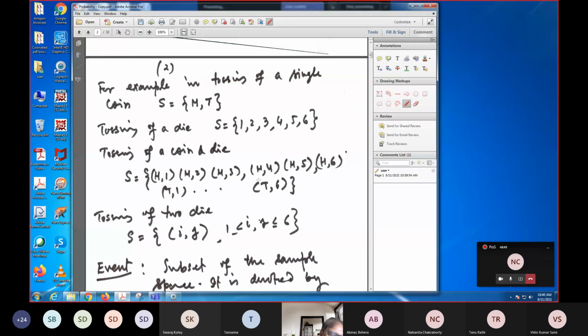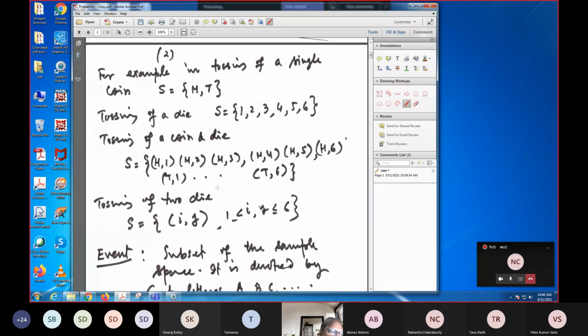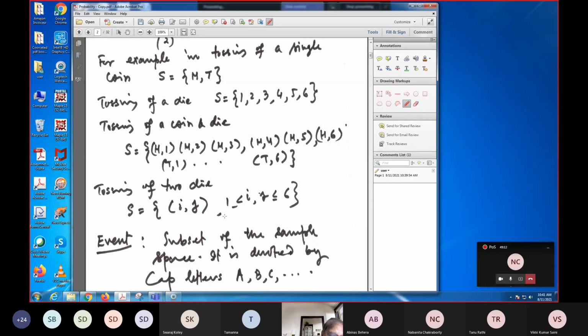When you toss 2 dice, you will get 36. One die has 6 possible outcomes, another has 6, so 6 into 6 is 36. We usually write 1,1, 1,2, 1,3, 1,4, 1,5, 1,6, and lastly 6,1, 6,2, 6,3, up to 6,6. So total 36. This is about the sample space.